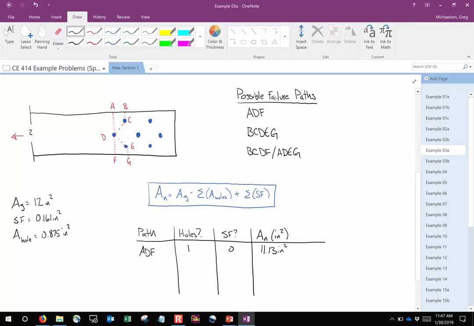All right. Now what's the next one? B, C, D, E, G. How many holes are through path B, C, D, E, G? 3. How many stagger factors? 2. And so, what does this come out to be? 9.70.